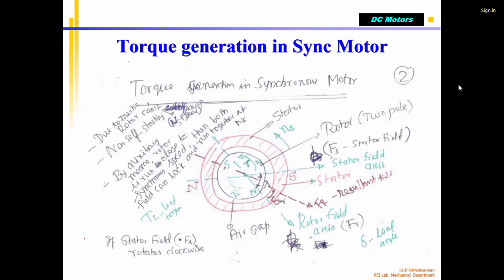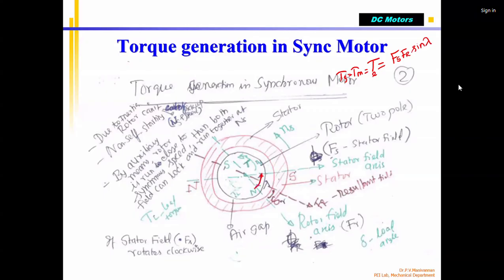Now, the amount of torque produced, I say Te, some books put Tm for motor, or Tg for generator. The generated torque by the motor, like a DC motor, is proportional, in synchronous mode, to Fs, Fr multiplied by sine of alpha, where alpha is this angle.